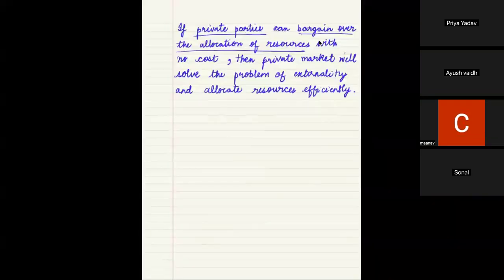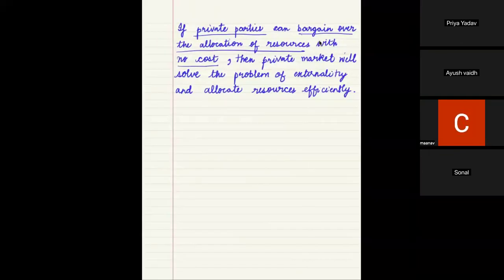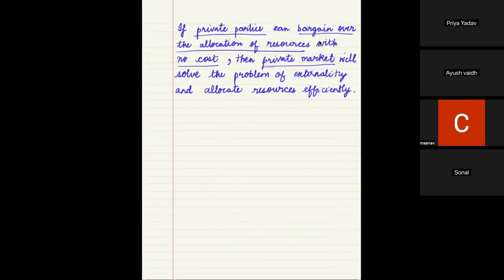So if private parties can bargain over the allocation of resources with no cost. For example, if some costs are involved when they bargain, then this Coase theorem is not valid. So there should be no cost of bargaining. Then the private market. What is this private market? The market in which we are assigning rights either to the fisherman or to the polluter will solve the problem of externality and allocate resources efficiently.